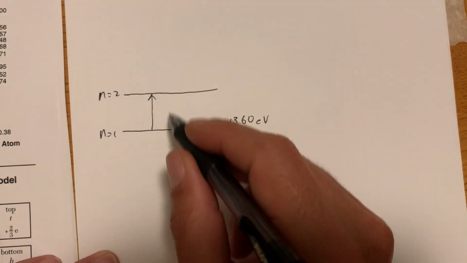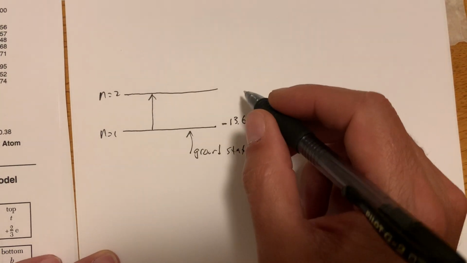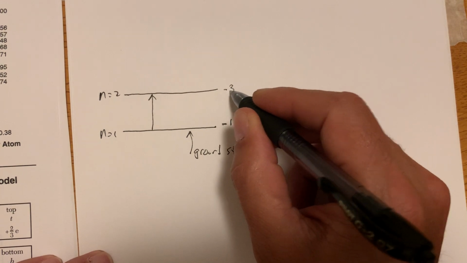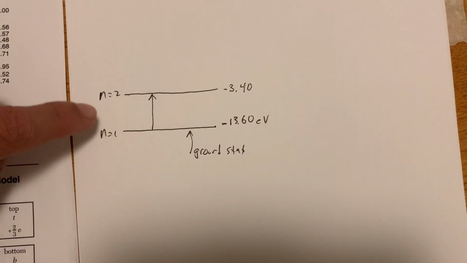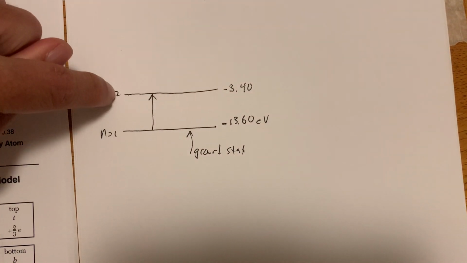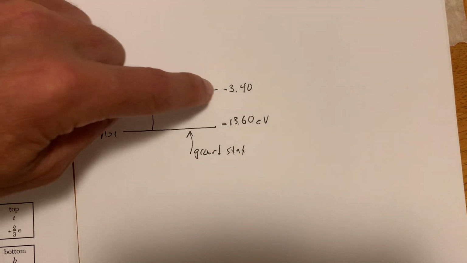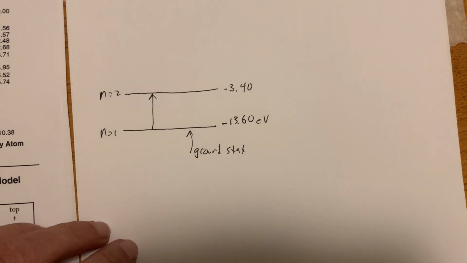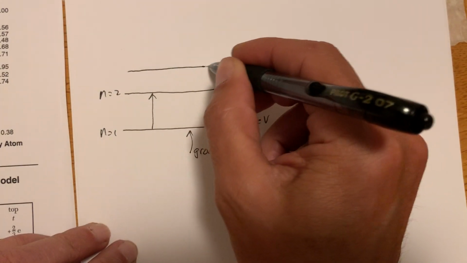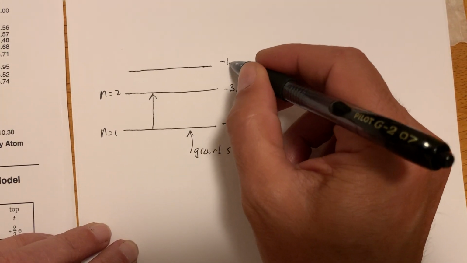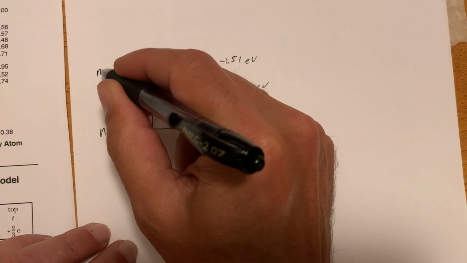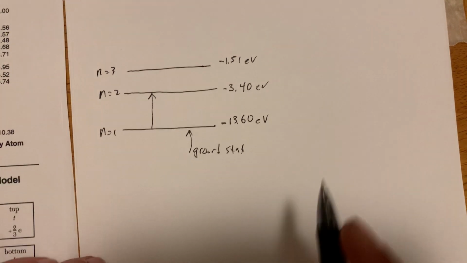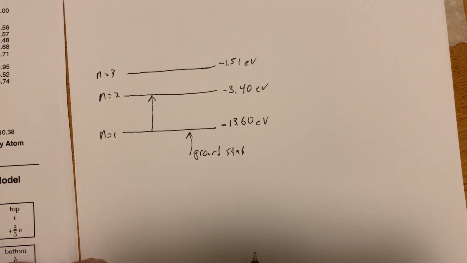Well, let's go up to n equals 2. If you look at your reference table, it tells me that at this state it needs 3.4. I'm just going to do one more: this is going to be minus 1.51 eV, which is n equals 3. I'm not going to do the rest of them. We'll just leave it like that, okay?